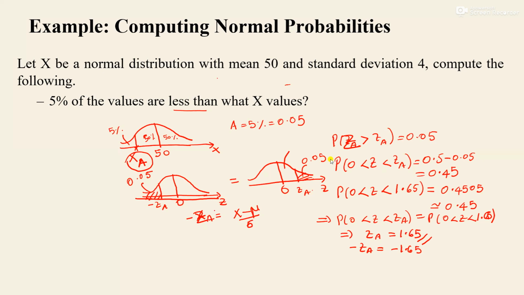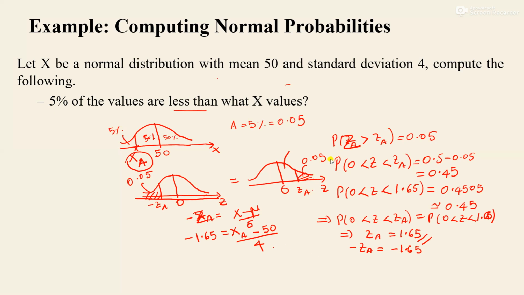So this is XA. Now the value is minus ZA is equal to minus 1.65. This is the corresponding XA minus mu, where mu is 50 and sigma is equal to 4. Right?